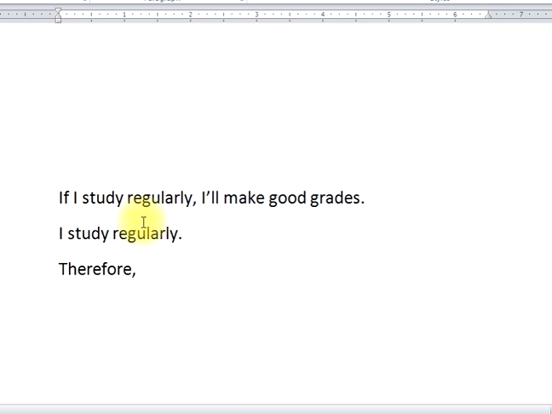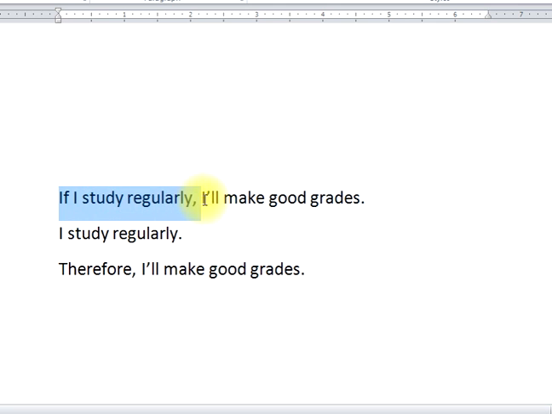So let's check it out. If I study regularly, I'll make good grades. Now, actually, this is not going to be an example of the denial of the consequent, but this is affirming the antecedent. If I study regularly, I'll make good grades. I study regularly. Therefore, I'll make good grades. All right. Now, is this true? This is a tricky one.